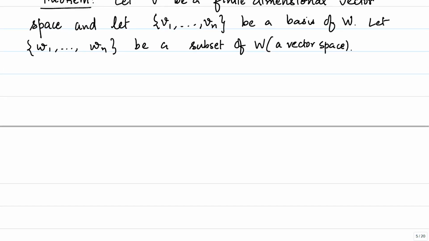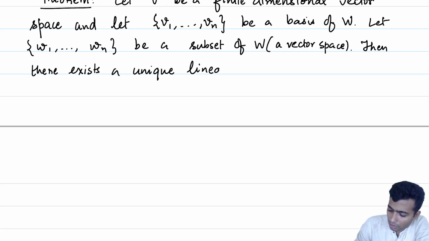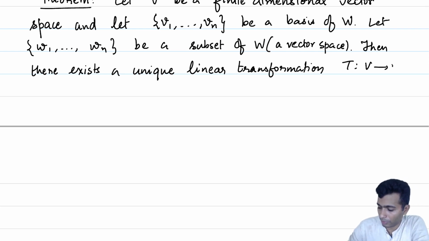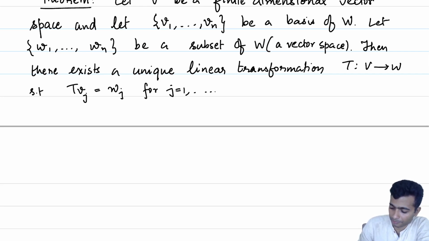What is the theorem? The theorem states that there exists a unique linear transformation T from V to W such that T Vj is equal to Wj, for j equal to 1 to n.